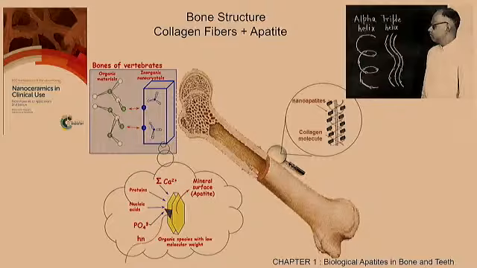Both of them cannot carry loads. But if you combine them in this particular form, that is the reason why I'm able to stand, even though it's a little bit of pain and so on. The point is that it becomes load bearing. So this is a natural nanocomposite, and that's because of the way nature has produced it.